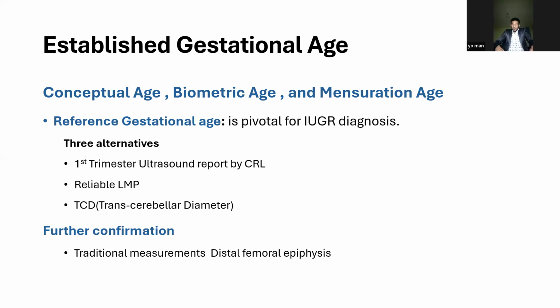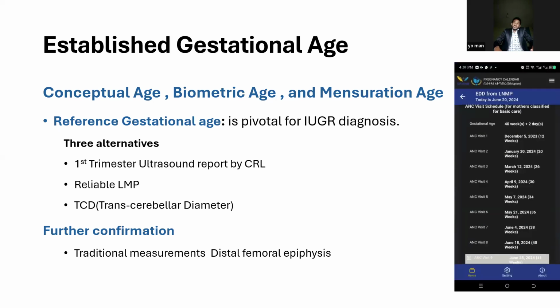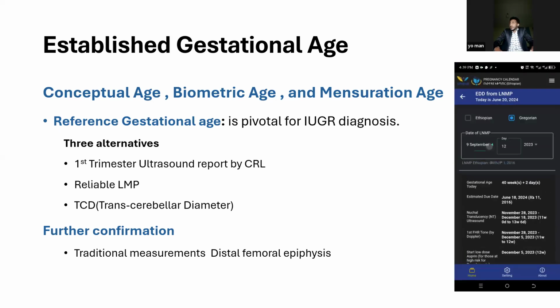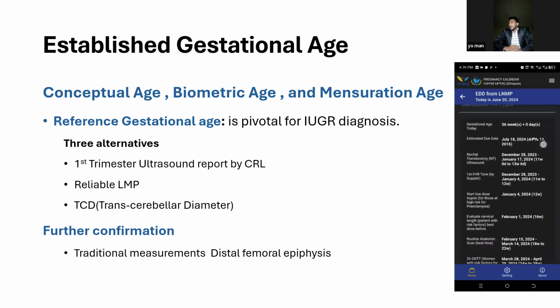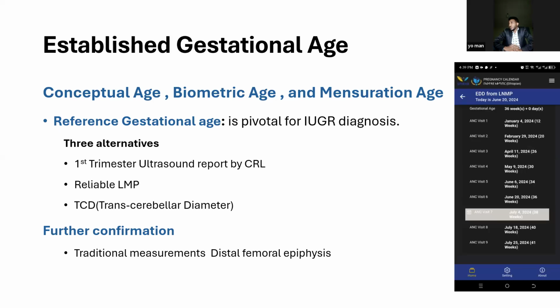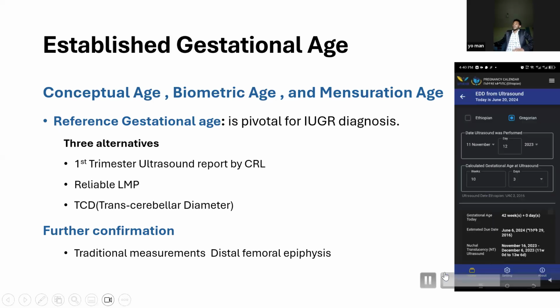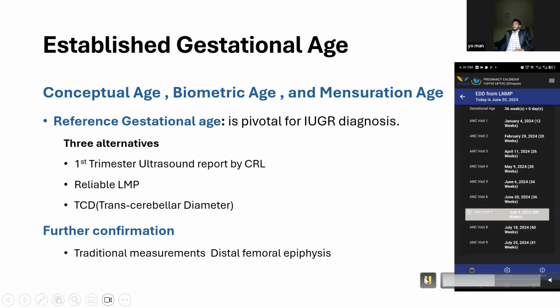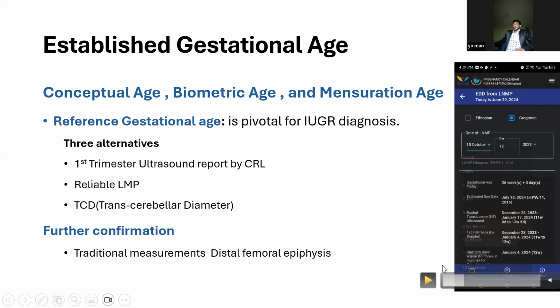Okay, so in Ethiopia, there is an application which was created in collaboration with the Ethiopian Health Minister, I think. They provide us the calculation in a mobile application, which has a slot to enter the date, the day and the calendar, and the gestational age at the present day will be displayed here.